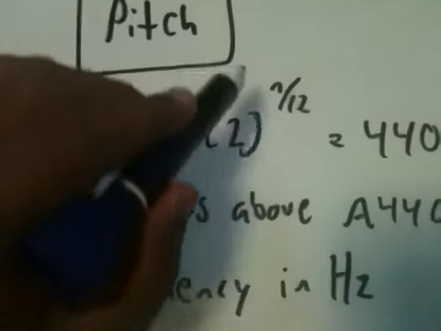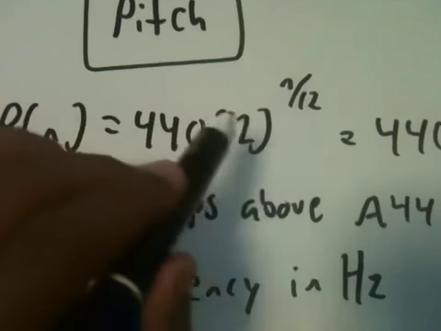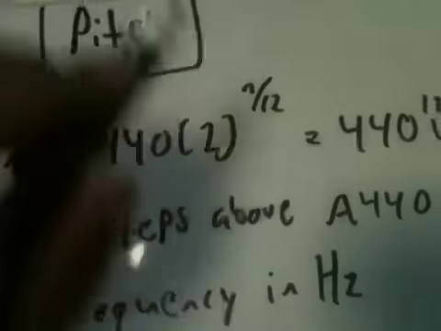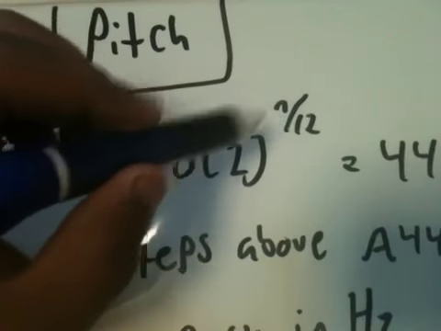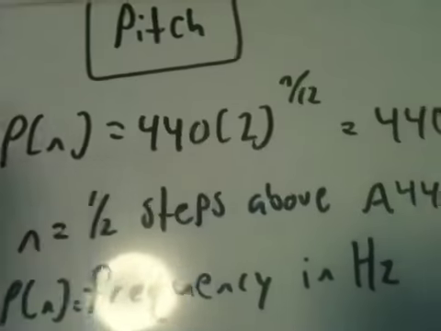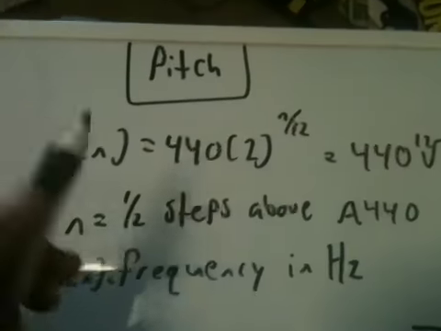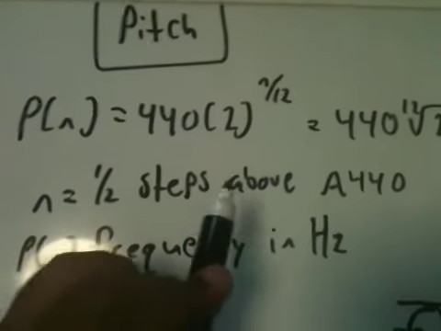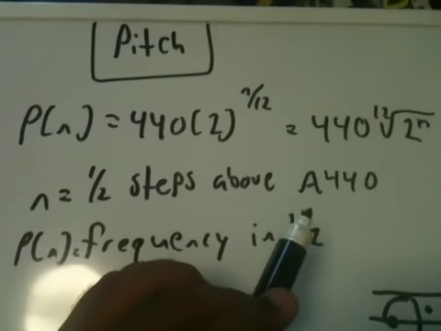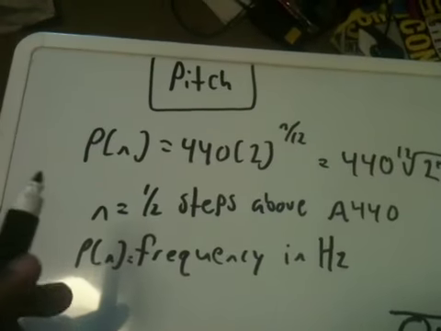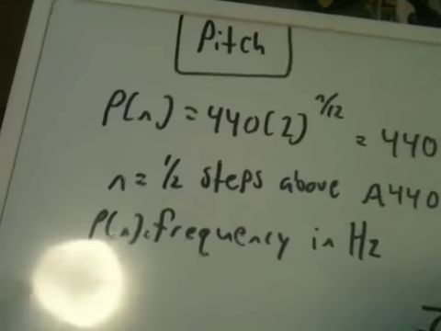You take the 12th root of 2 and raise the result to the nth power, or raise 2 to the nth power and then take the 12th root of that. Here, n is the number of half steps, or semitones, above A440, and P of n is the frequency of that note in hertz.